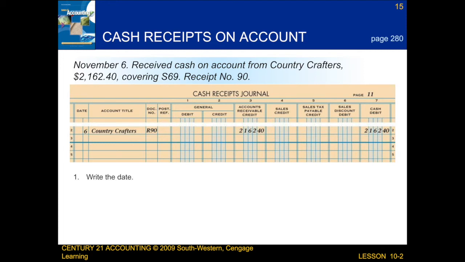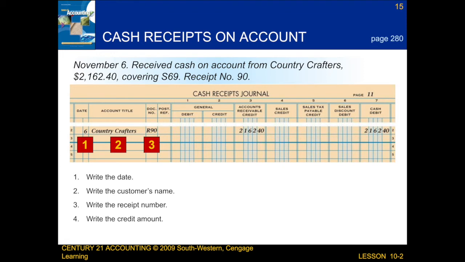First, we write the date, which is November 6th, in the date column. Next, we write the customer's name, which is Country Crafters, in the account title column. After that, we write the receipt number, which is R90, in the document number column.